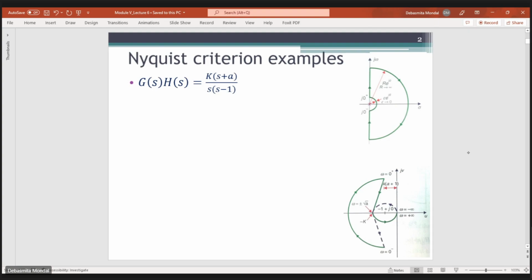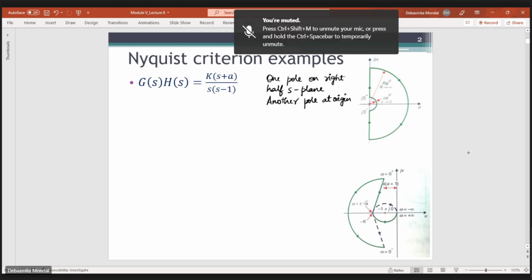Okay, so in this case you see that we have one pole on the right half of the S plane, and another pole at the origin. So what will happen?